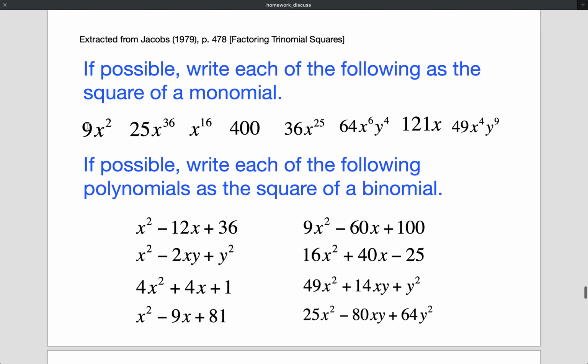That means the student should be able to say that 9x squared is the square of 3x. Similarly, maybe they will say that this x to the power 16 is the square of x to the power 8.